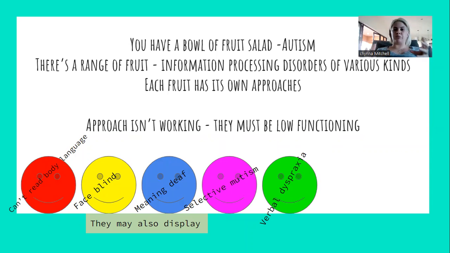Among these information processing disorders that this child might have in autism, they can also be meaning deaf or can't read body language or face blind or have selective mutism or verbal dyspraxia. So there's lots of elements that come into play here.